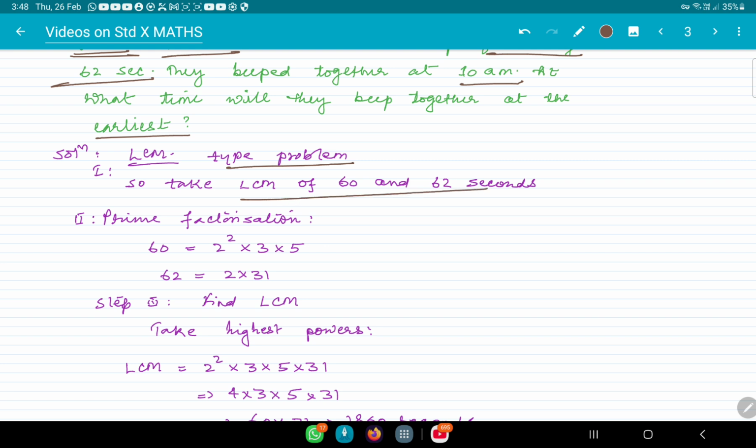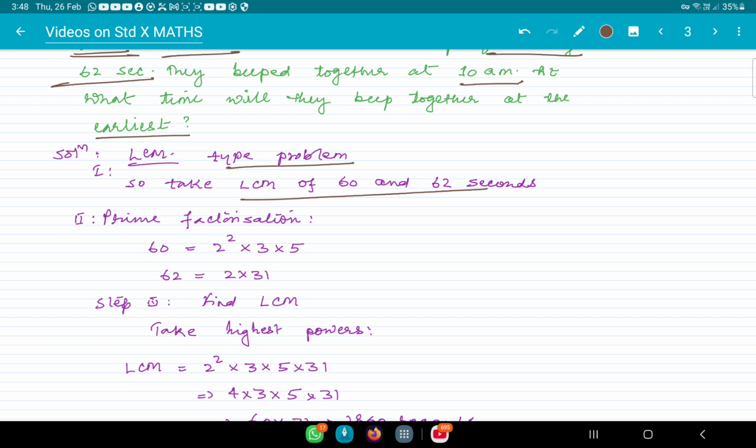In the next video I will try to explain how you will judge whether it is an LCM based problem or an HCF based problem, because in some questions it is difficult to judge.